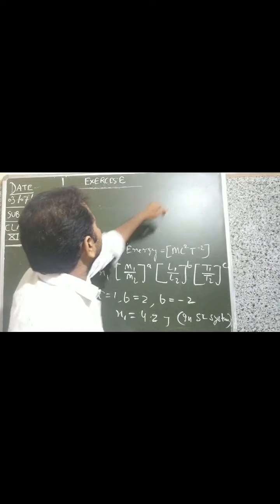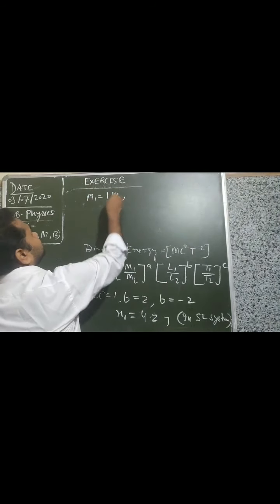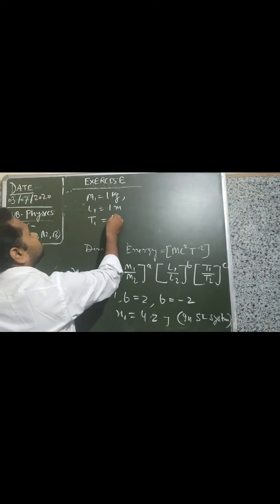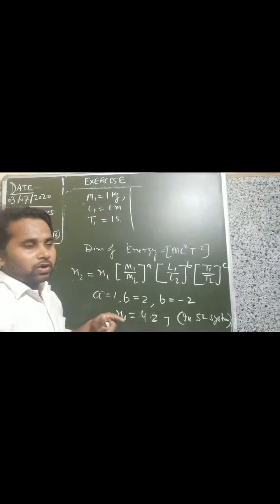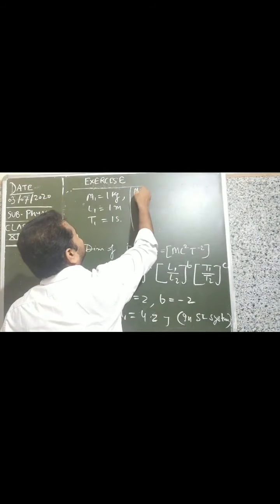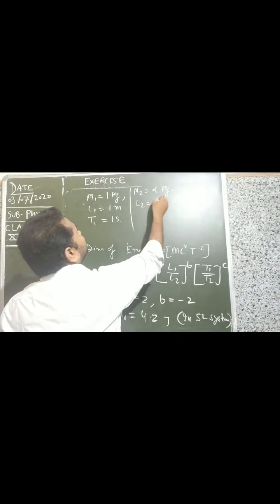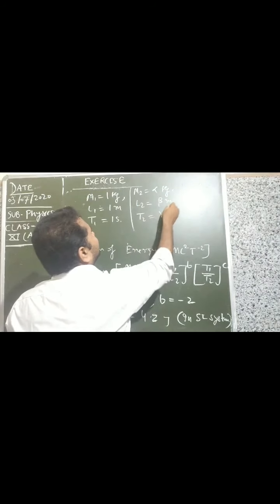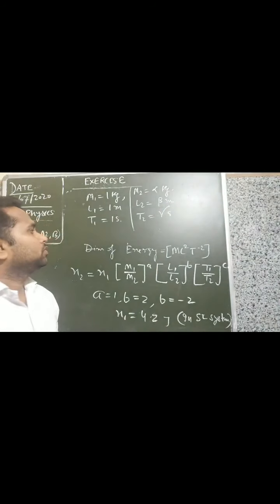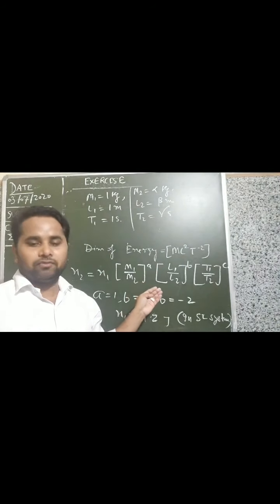So see here, M1 equals 1 kilogram, L1 equals 1 meter, and T1 equals 1 second. And in the second system of unit, it is given in the question, M2 equals alpha kilogram, L2 equals beta meter, and T2 equals gamma second. So now we have all the constants which are used in the formula.